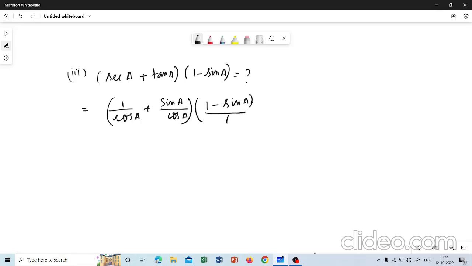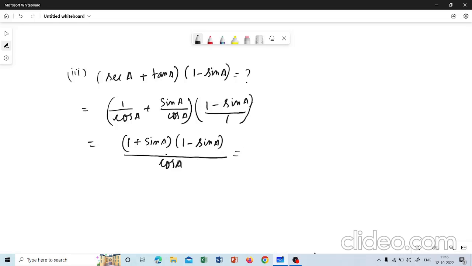It is better to write by 1, so sometimes you don't get confused and multiply in the numerator and denominator. So cos A and cos A both are the same, so I can directly write the numerator as 1 plus sin A into 1 minus sin A, divided by cos A into 1, so cos A. The denominator doesn't change.